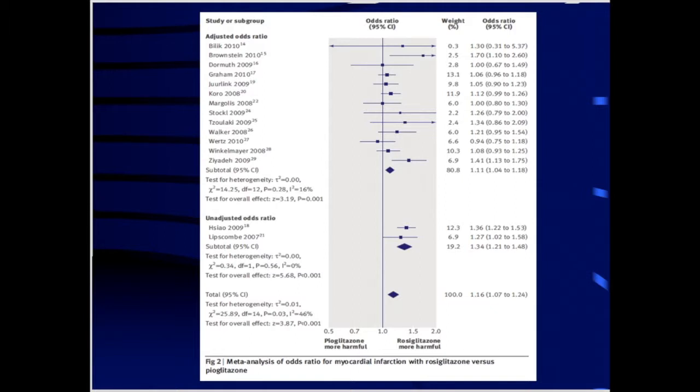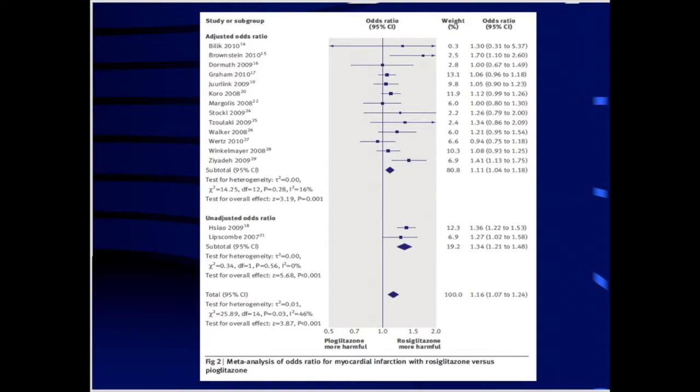So we can see pioglitazone is represented by the left-hand side, and rosiglitazone is represented by your right-hand side. And if we look at the top, we see adjusted odds ratio. And if we go down right before the unadjusted odds ratio, we see that there's a test for heterogeneity. And we can see a chi-squared with a p-value of 0.28.